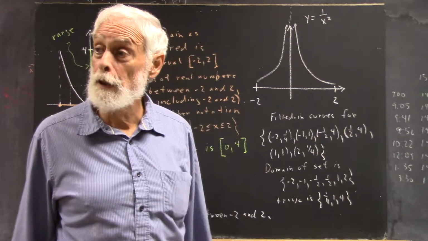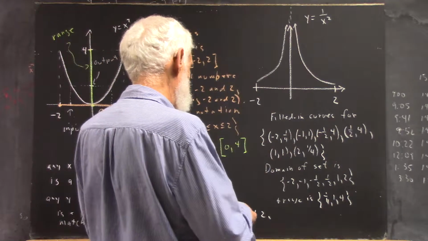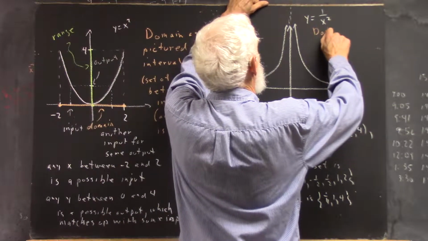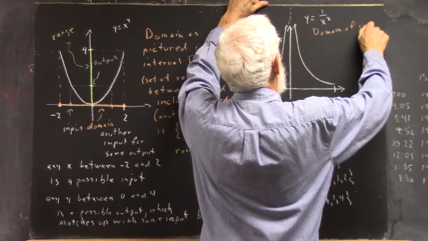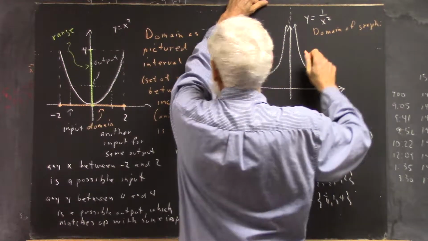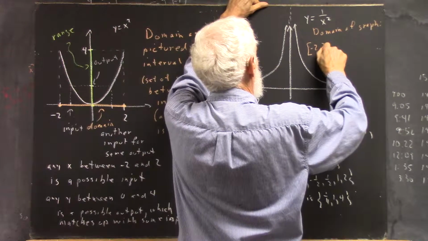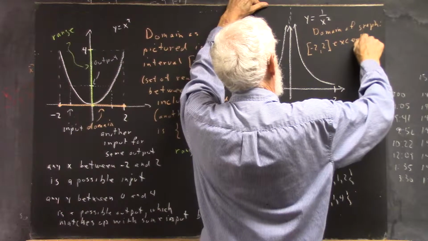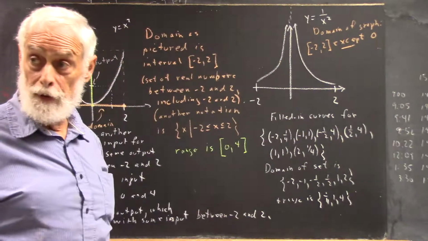We can't evaluate it at 0, right? So, everything from -2 to 2 except 0.